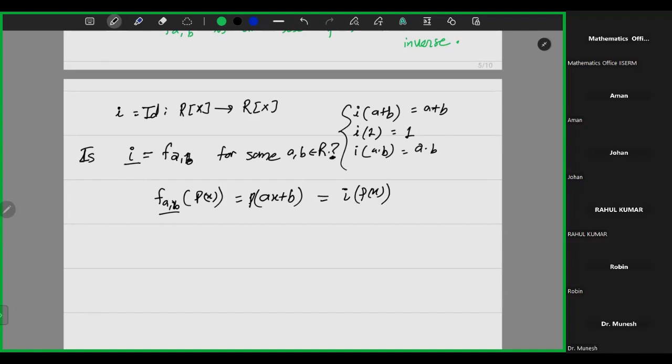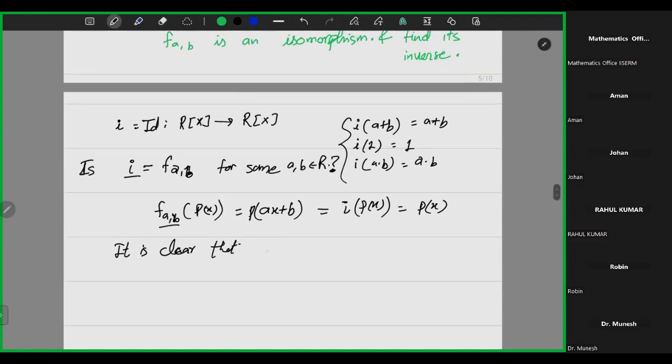But I of p(x) is just p(x) because I is identity. So it is clear what a should be. If a is equal to 1, b is equal to 0, right? Then f_{a,b} is nothing but I.